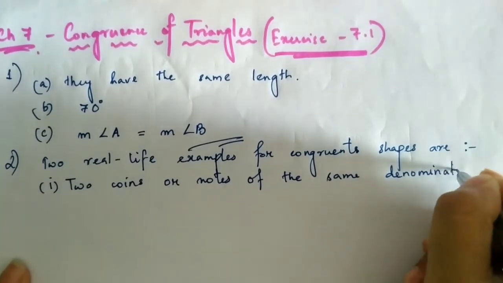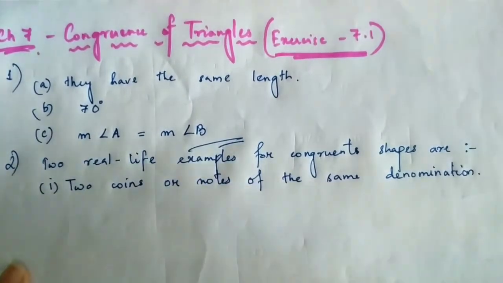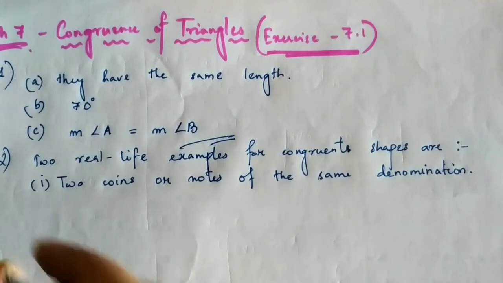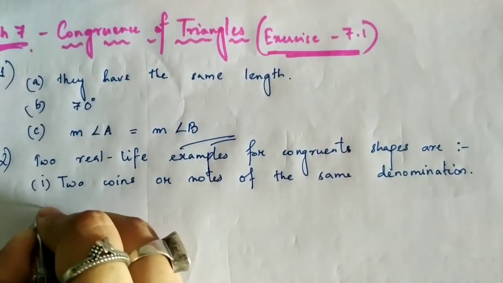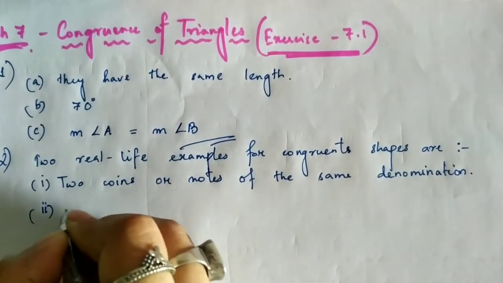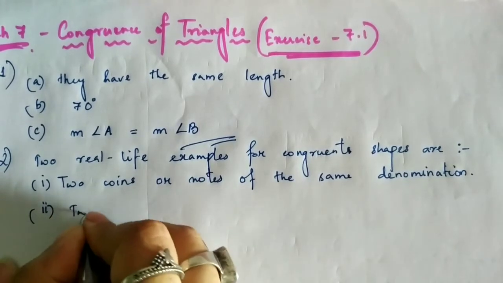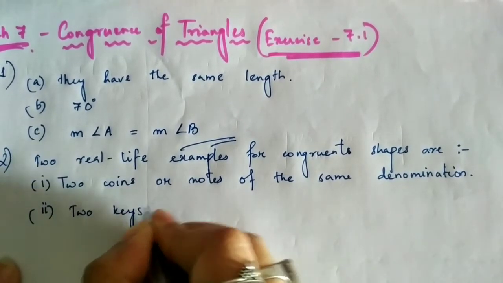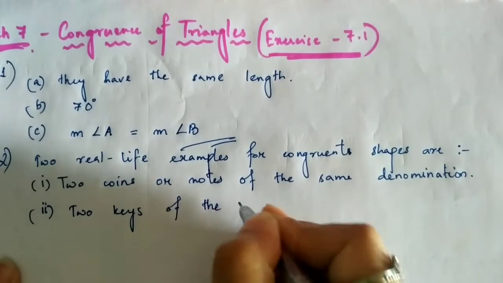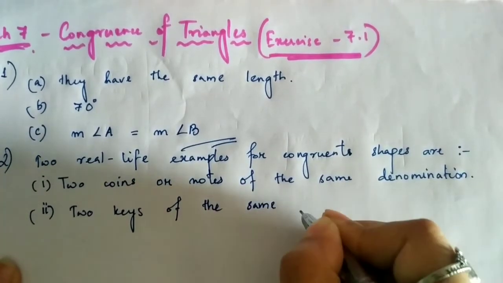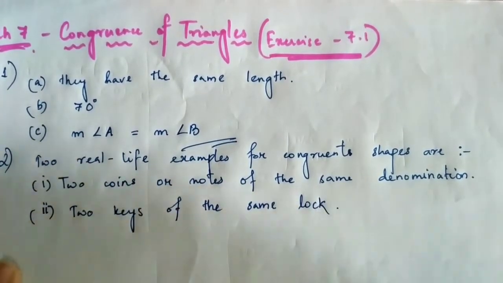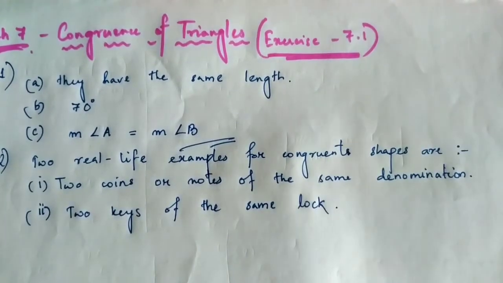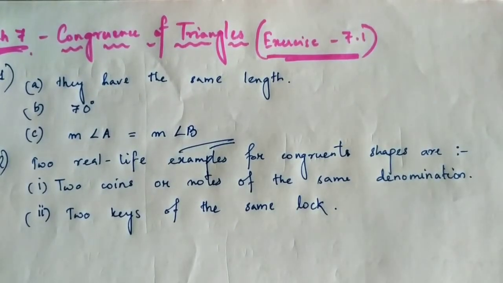I hope you understand the term denomination. If it is 5 rupee, then both will be 5 rupee. If it is a 100 rupee note, then both will be 100 rupee notes. And next, can I say the two keys of the same lock? Obviously, if there is a lock and it has duplicate keys, both of them have to be congruent. Otherwise, it won't be opening. So, two keys of the same lock.